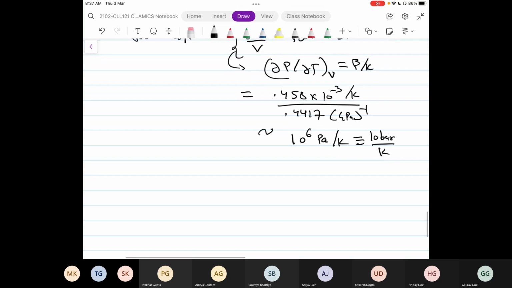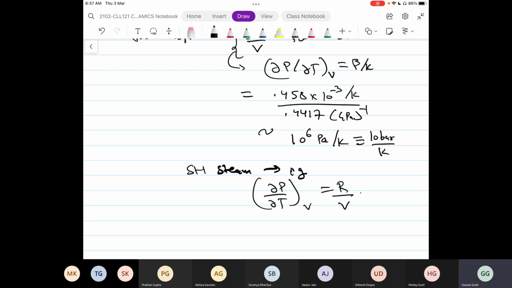So a 1 degree change in temperature would lead to a 10 bar change in pressure if you are in the liquid state. The superheated steam I'm going to model as an ideal gas. You could have used steam tables also to be slightly more accurate. So for that, you can calculate again this dP by dT from the ideal gas equation of state.